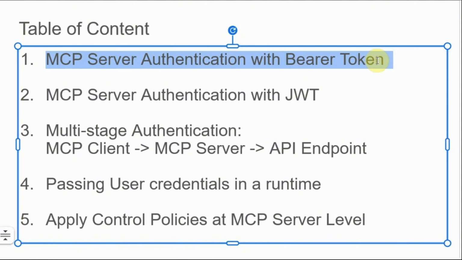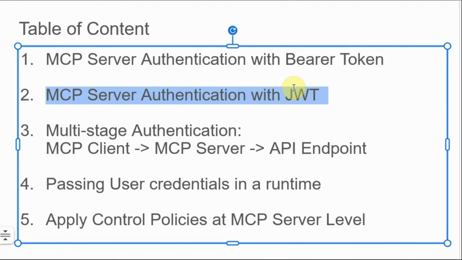In this case, we will create an MCP client and MCP server, and authentication will be done using the bearer token. Next, we will have an MCP client and MCP server, but we will extend authentication using the bearer token with JSON Web Token instead, or JWT in short.